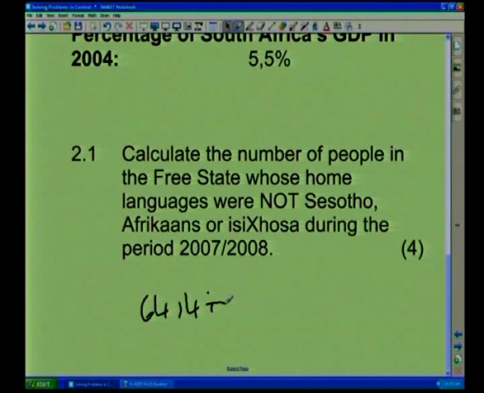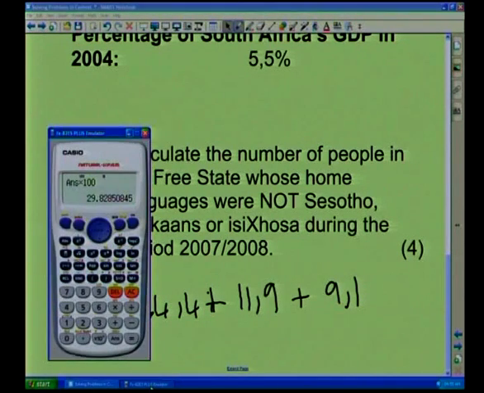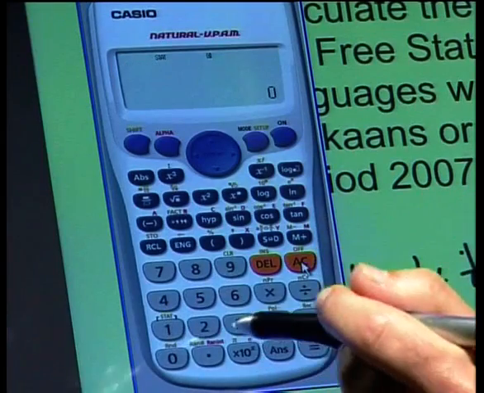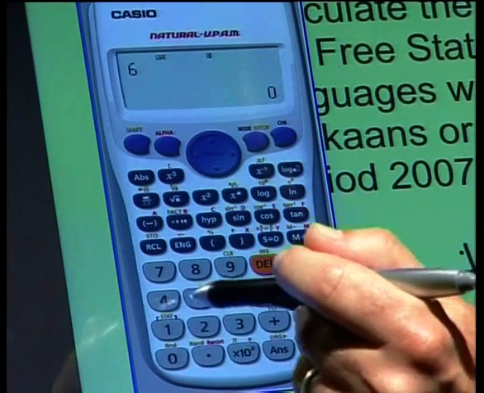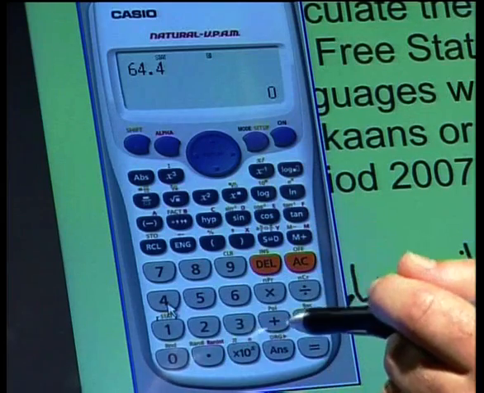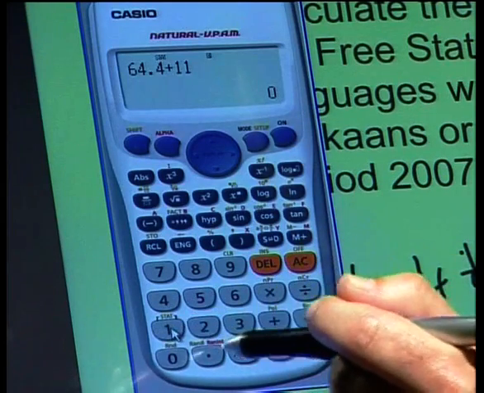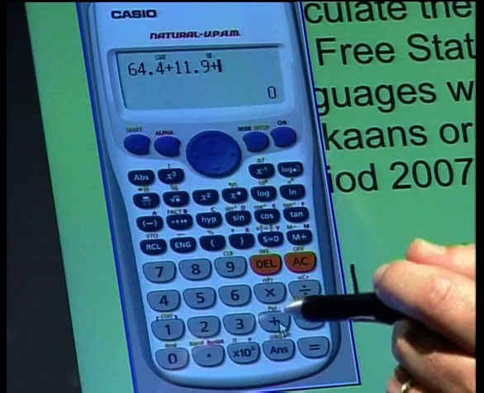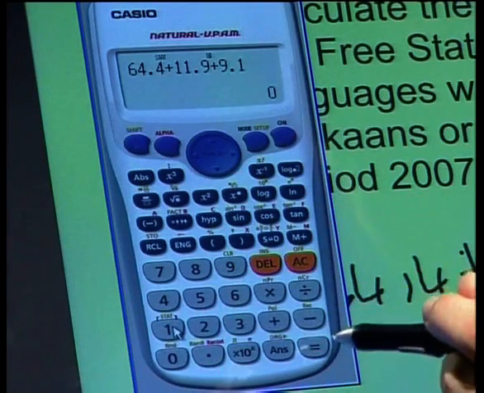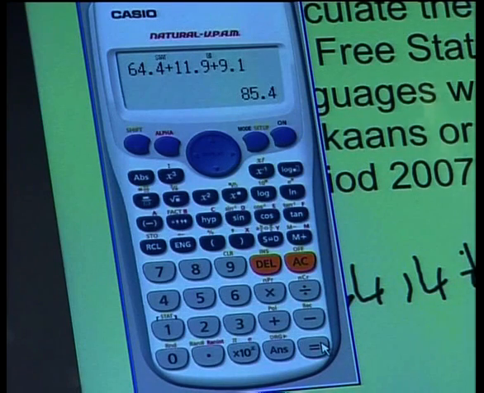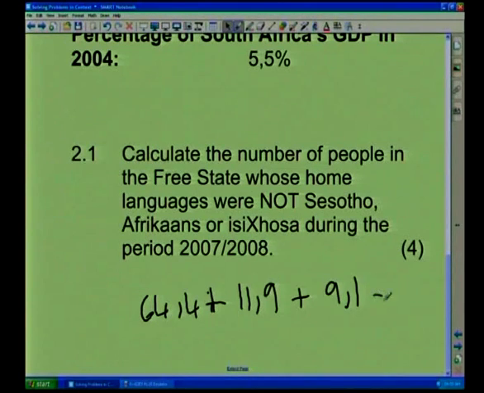Adding up those 3 percentages, 64.4 plus 11.9 plus 9.1, we get a total of 85.4%.